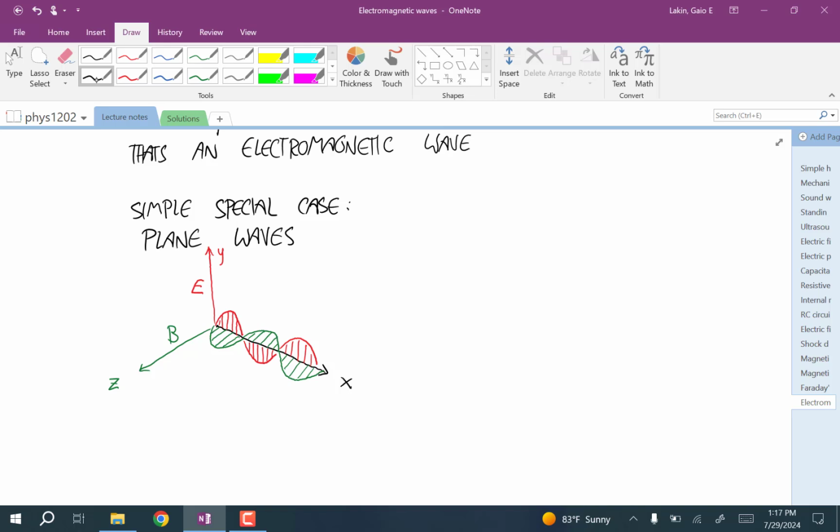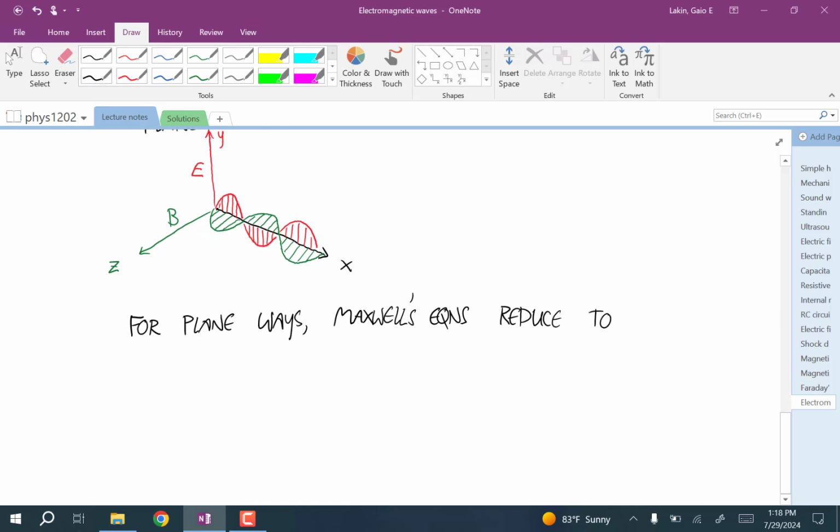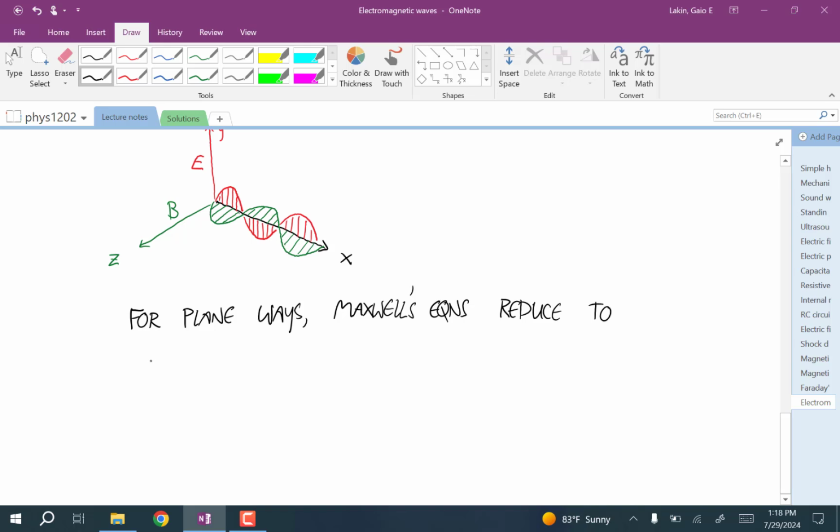Okay, well, in this simplified case of plane waves, what people saw was that Maxwell's equations reduce to two differential equations. And again, I'm just writing these down so you can see them. You're not going to have to work with these or anything, but this is what they look like.